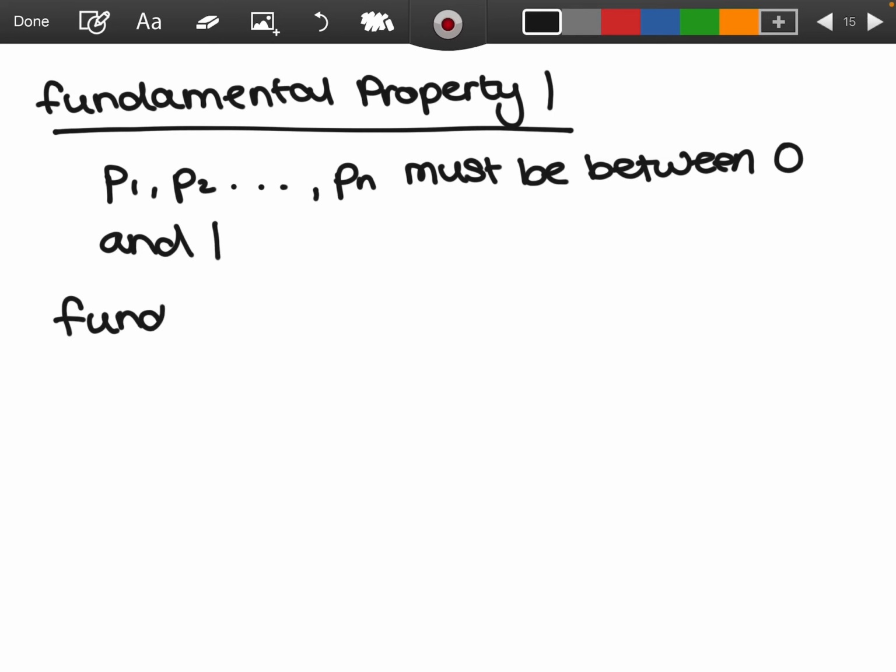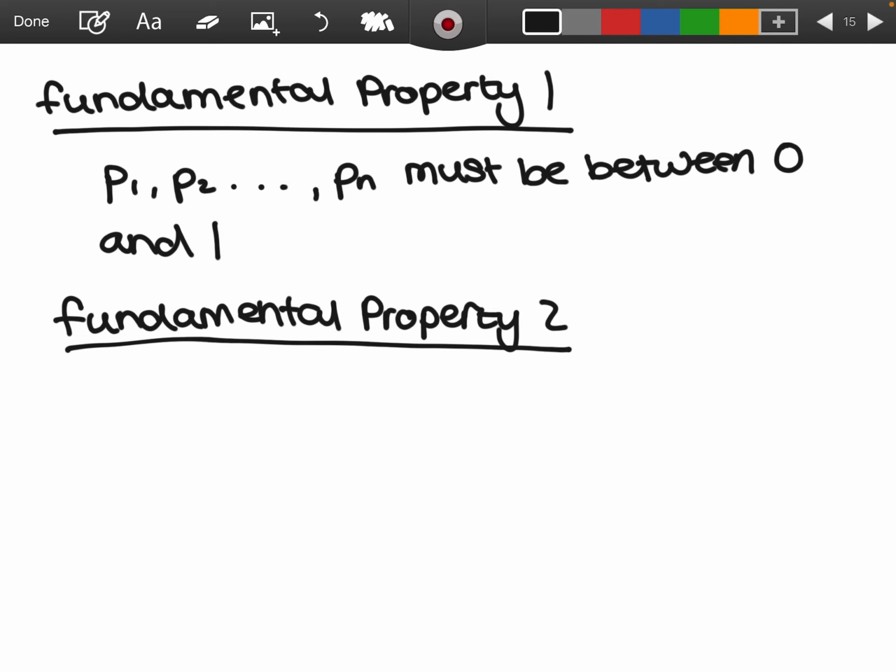The second fundamental property states that each of the probabilities added together must equal 1. Okay.